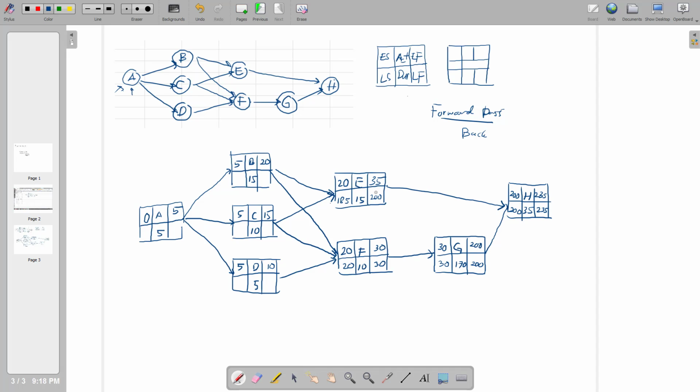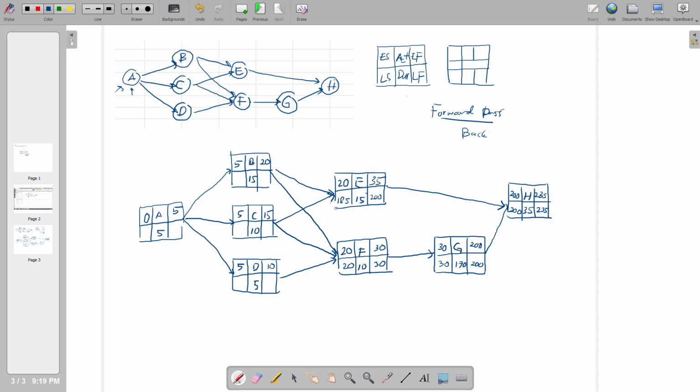Now goes to B. For the backward pass, the data will come from activity E and activity F. From activity E we have 185, and for activity F we have 20. Now, for the forward pass, we take the highest number. For the backward pass, we take the lowest number.